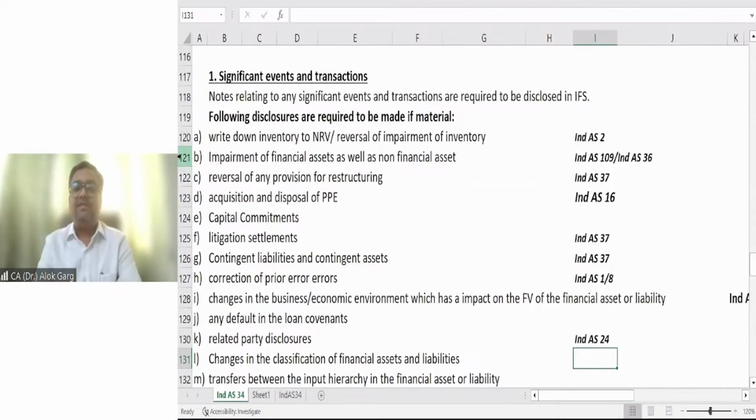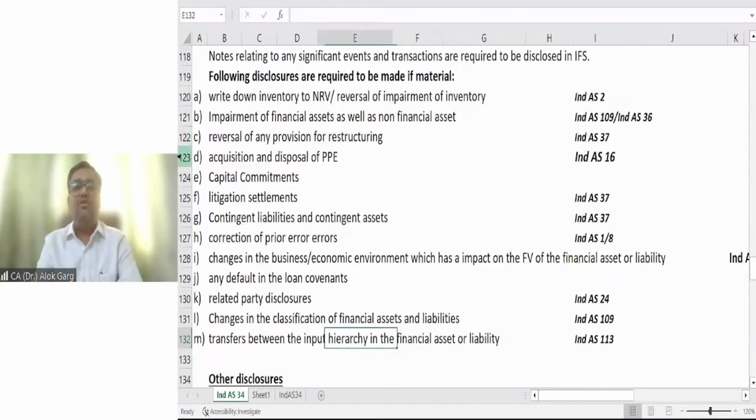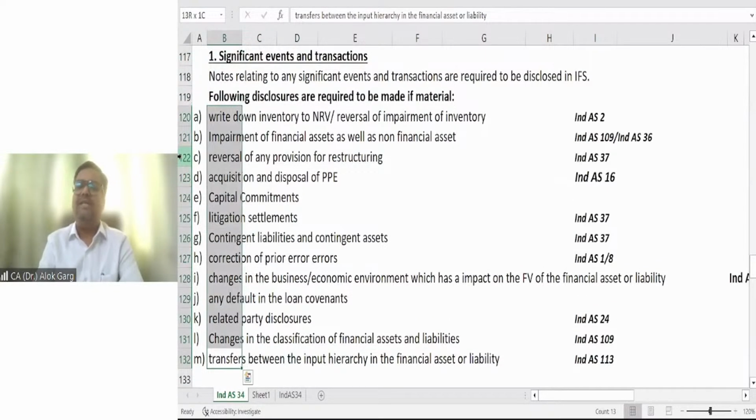Changes in the classification of financial assets and liabilities, Ind AS 109, right? Again, this is required to be disclosed if it is material. Transfer between the input hierarchy in the financial asset or liability, Ind AS 113, fair value measurement. So these items, you will be able to understand when you read the respective Ind AS.